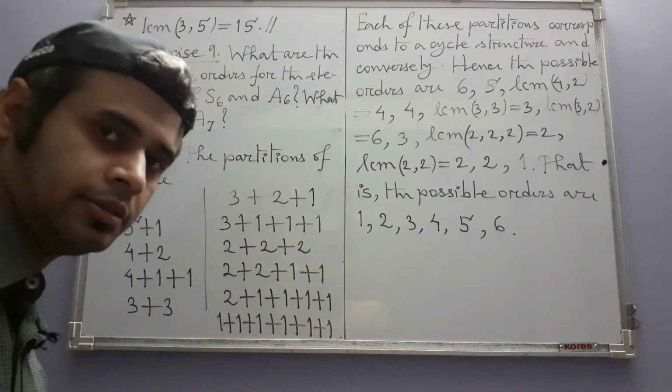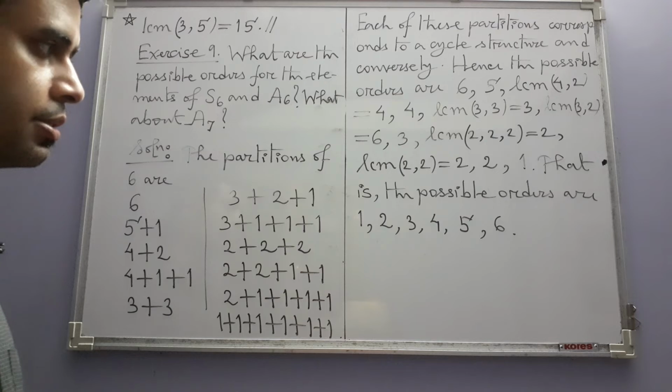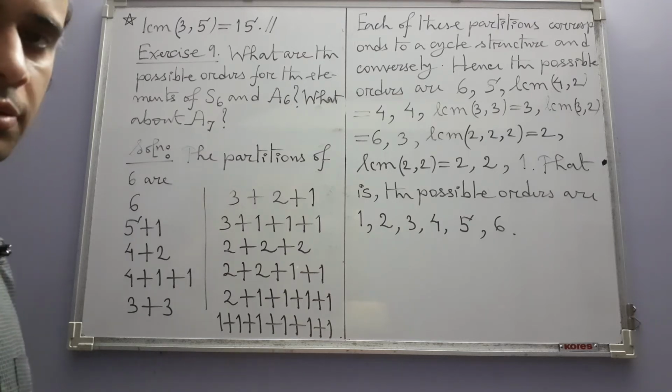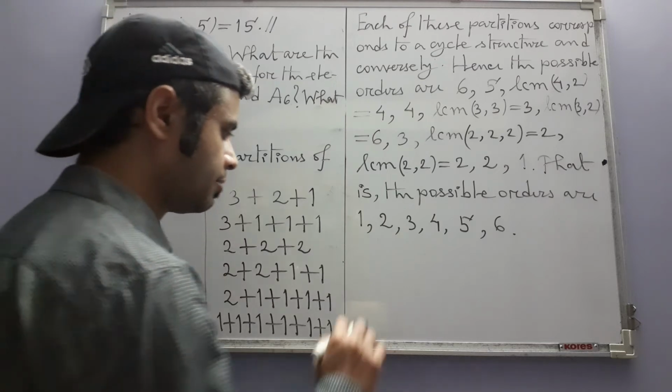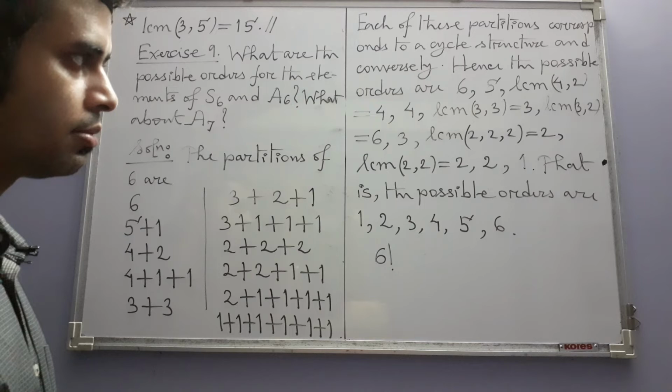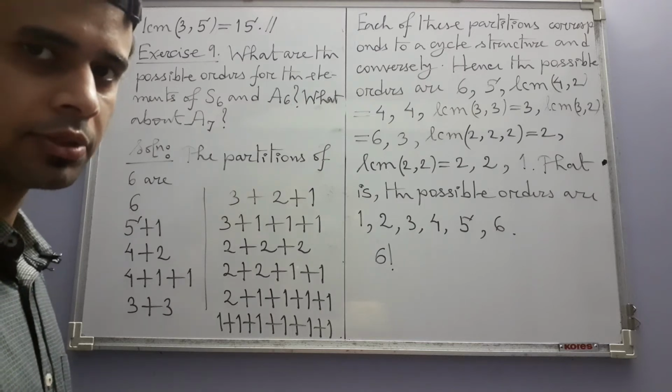And that's just it. You notice this thing. Although S6 is a very large group, and in fact it has 6 factorial permutations.